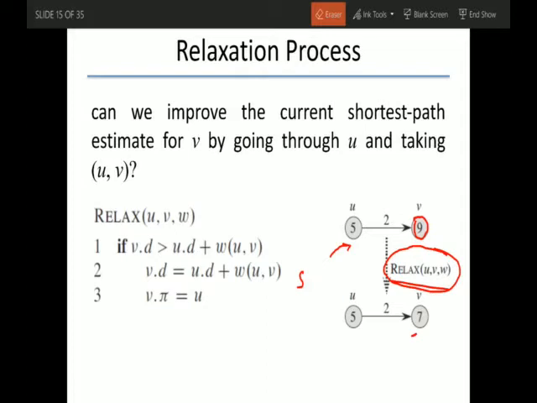The term relax is used to relax the constraint that comes from the triangle inequality, that is d of v should be less than or equal to d of u plus weight of (u, v).